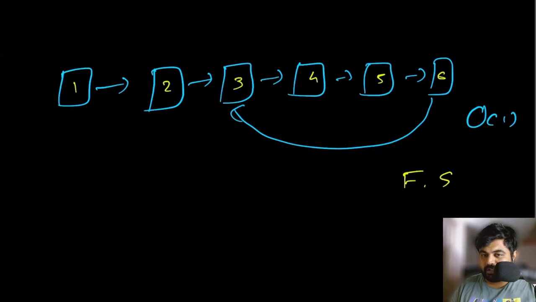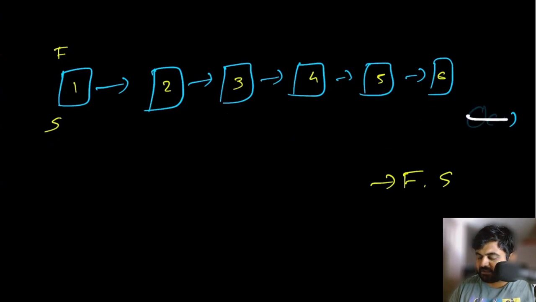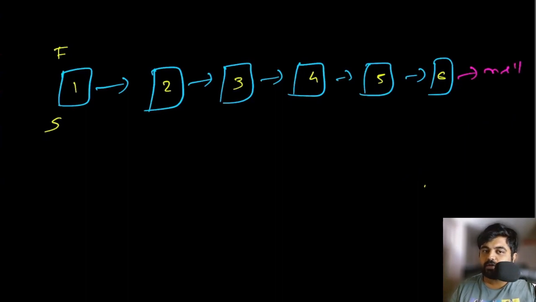And how are we going to use it? The same way we use all the fast and slow pointer techniques: we are going to have a fast pointer over here, and a slow pointer over here. Fast and slow pointer are going to move in their own directions if, say for an example, there does not exist any cycle in this case, and the next pointer is pointing to null. What would happen?